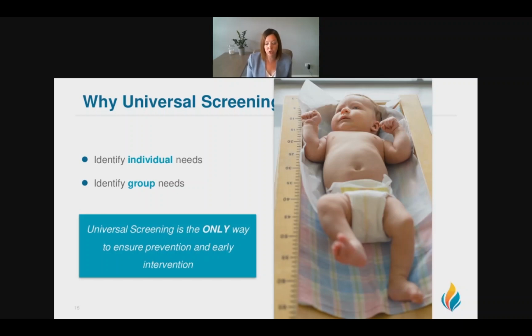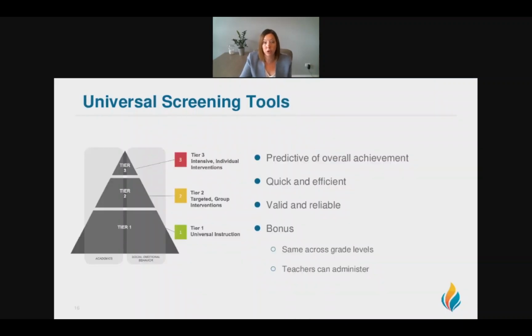And so universal screening is really essential in this area in order to identify strong tier one universal needs as well as to build a preventative system overall.